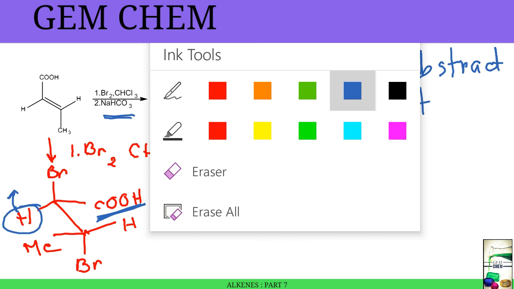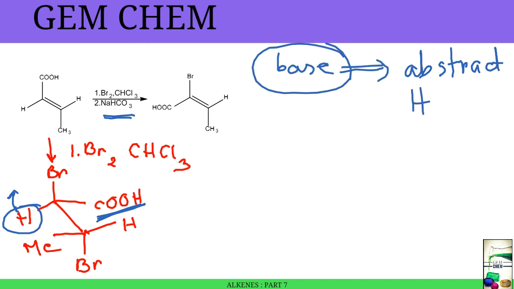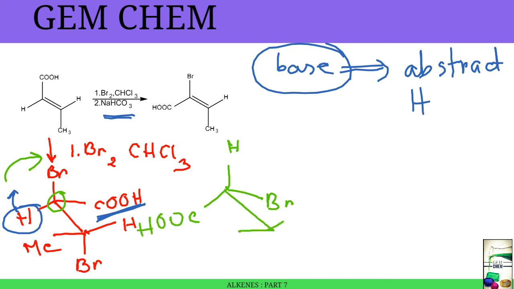So now we need to just reshuffle the diagram. So we redraw it as this, that is H is taken above, Br is here, that is this carbon is being rotated in this direction, and here is the COOH and here it is H and Br.